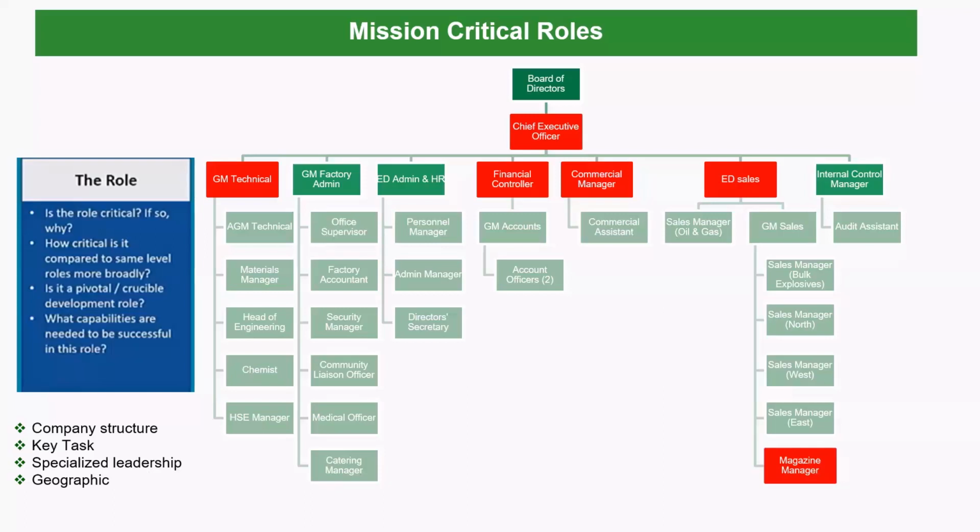Take, for example, someone who liaises with the regulators. Let's take the banking sector, the chief risk officer. Without a chief risk officer, you can't start a bank. It is very critical to that kind of organization.